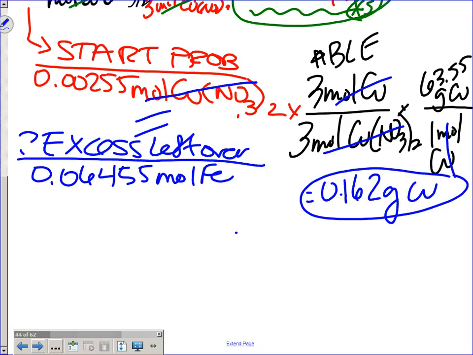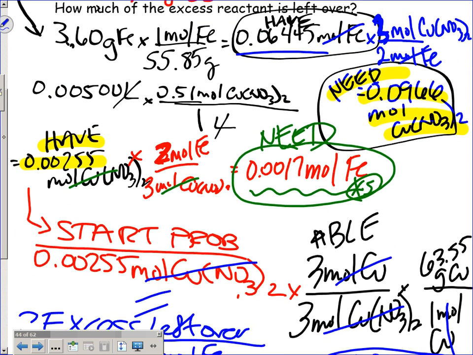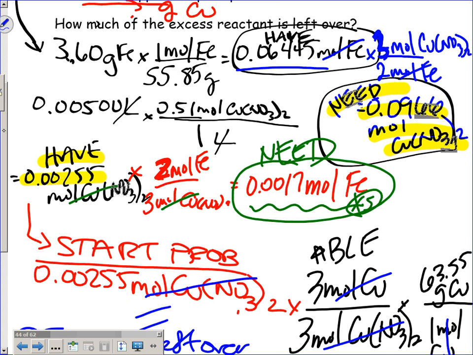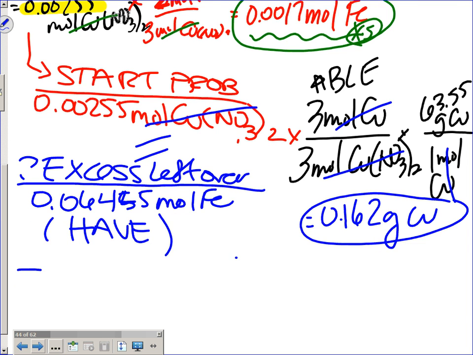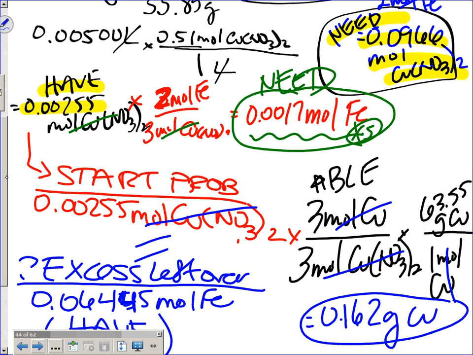Okay, so I took how much I have, and I'm going to subtract what? Rishi, where are you getting that from? The need of the iron that was required to fully react with all the limiting reagent, right?